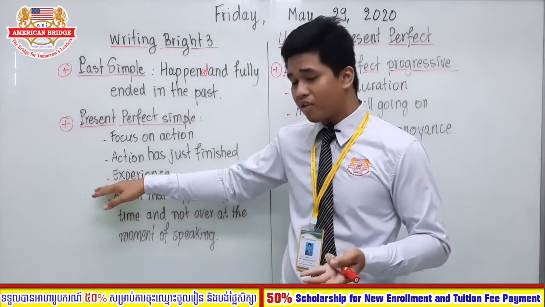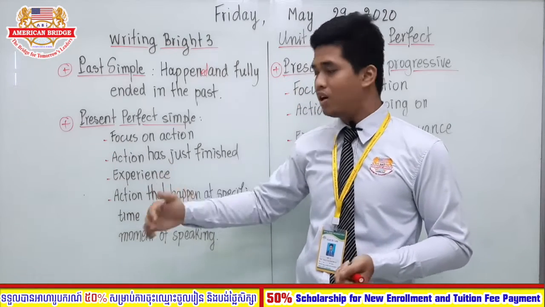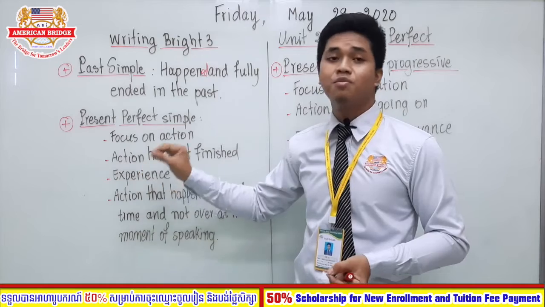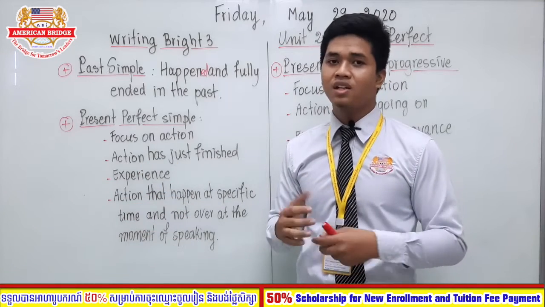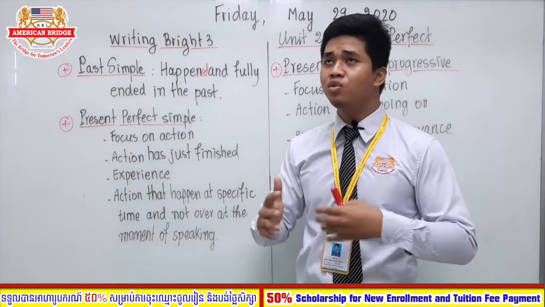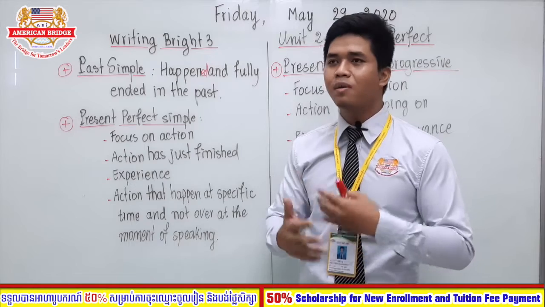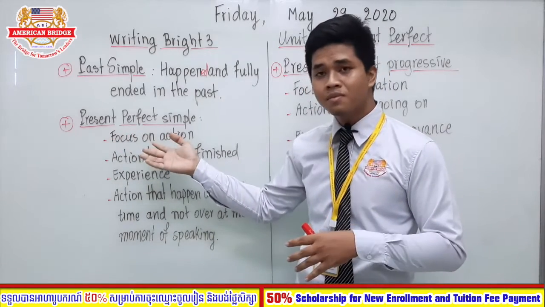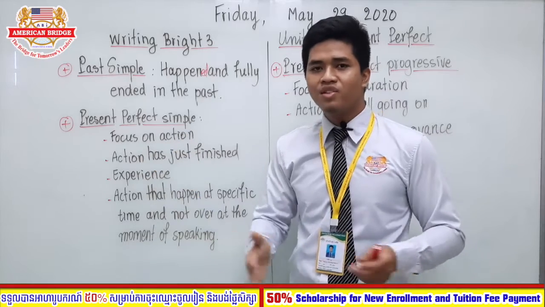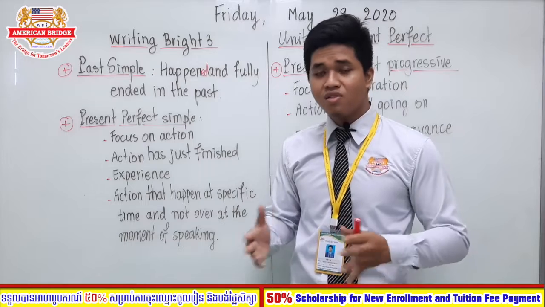The third one, we use present perfect simple in order to talk about experience. It is something that happened in the past and you don't need to give a specific time. You just talk about your experience, so we need to use present perfect simple. For example, let's say I have been to Kampot province. This is the experience.